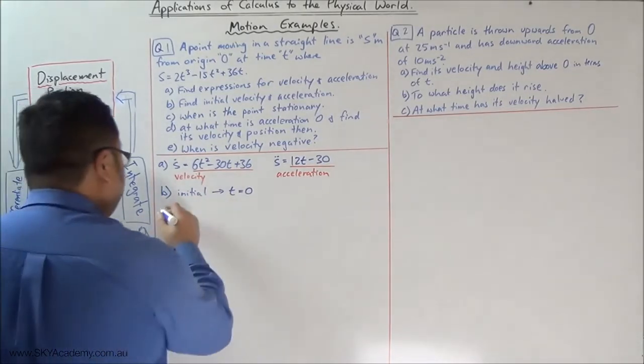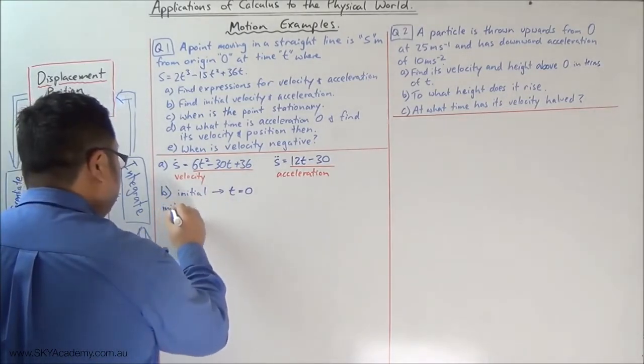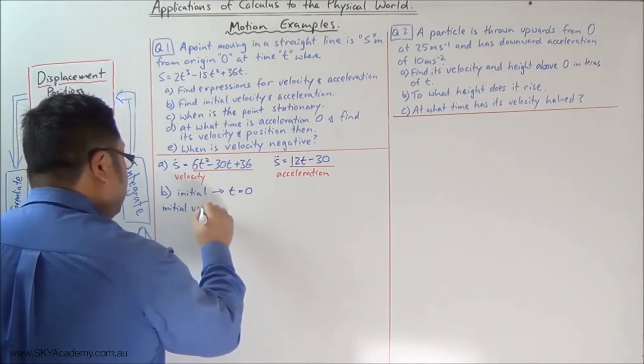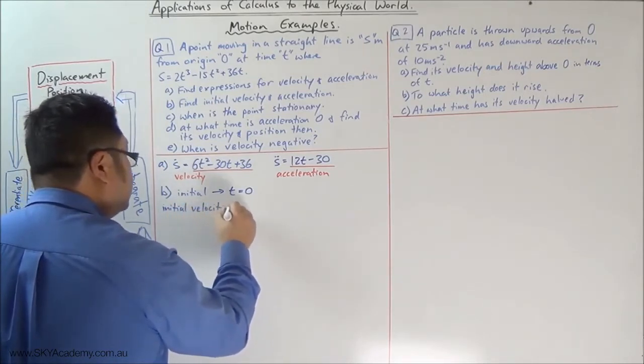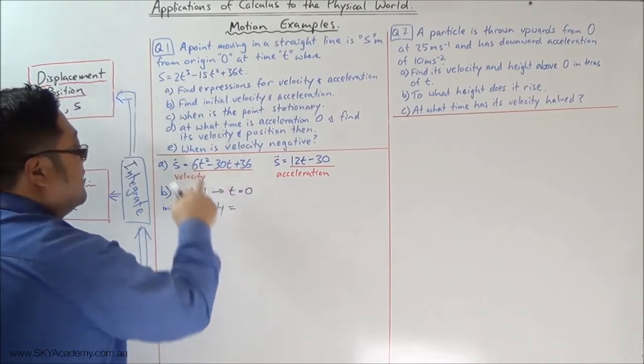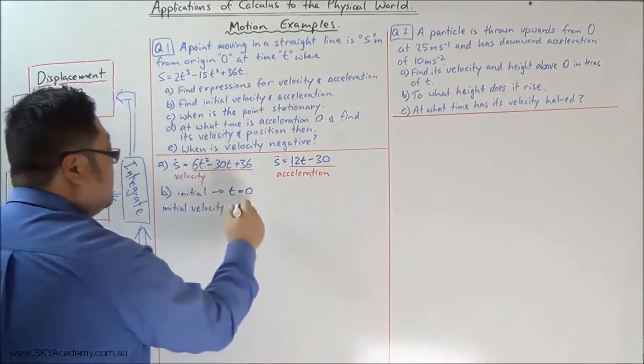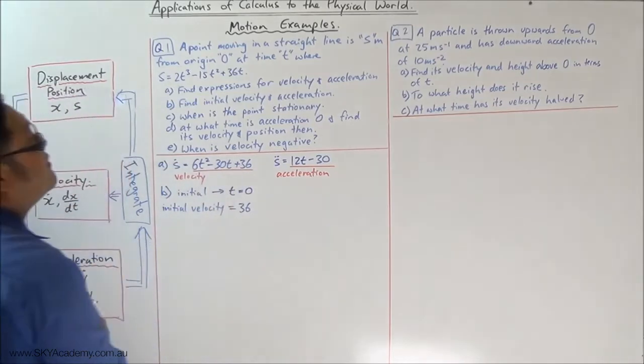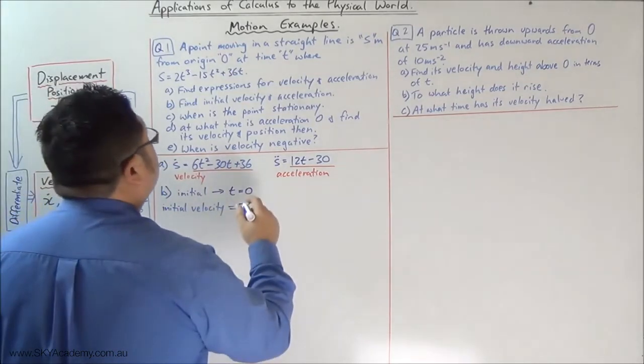So initial velocity is going to be equal to, you put t equals 0 in here, that becomes 0, that becomes 0, so it ends up being 36. Basically it is meters per second.